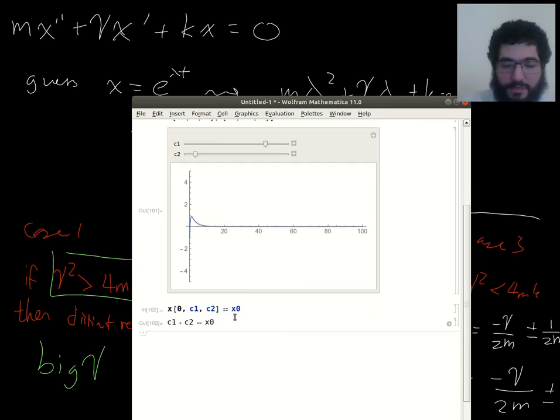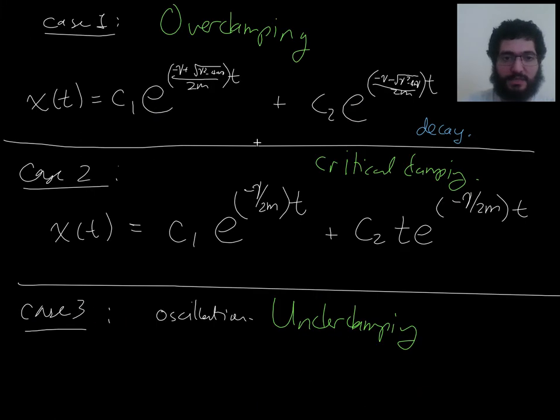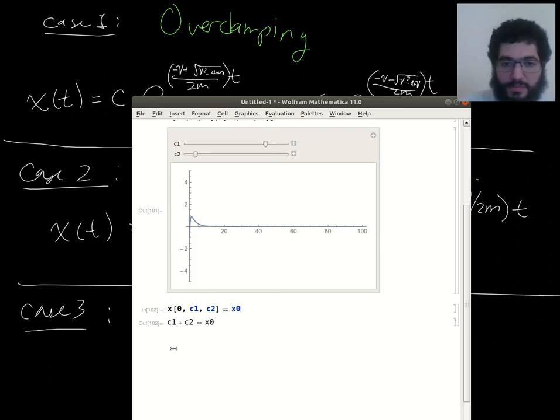So this is the relationship between the initial velocity and initial position, x naught, and C1 and C2. What comes out of plugging in t equals 0 is just C1 plus C2, right? So that should be the initial position. And what about the initial velocity? You can take derivatives in Mathematica, and this is how I say I want to take the derivative of this function with respect to t.